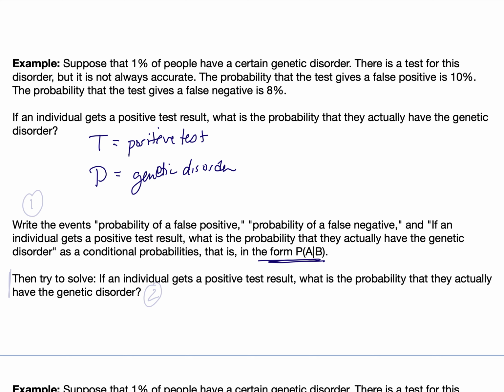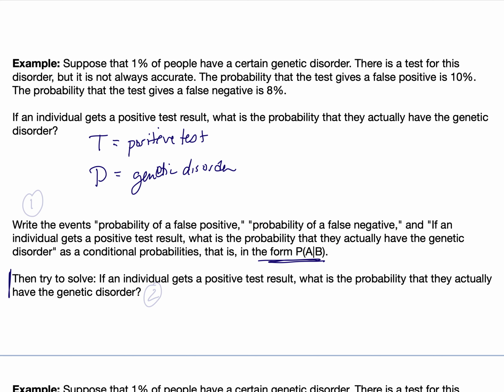So write all of these things as statements using the notation of conditional probabilities. After that, you can also try to start to solve the problem.